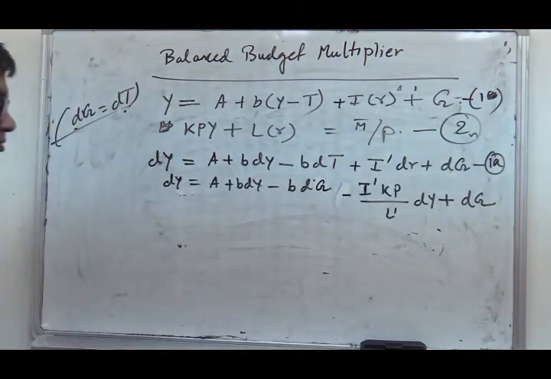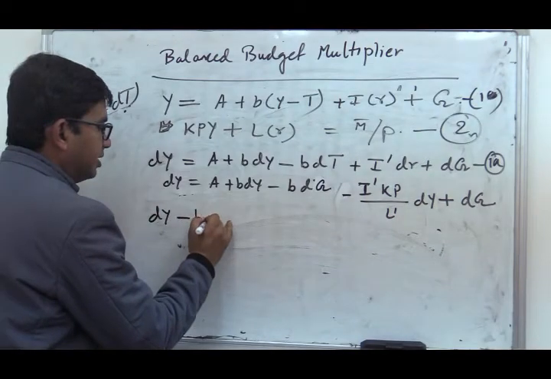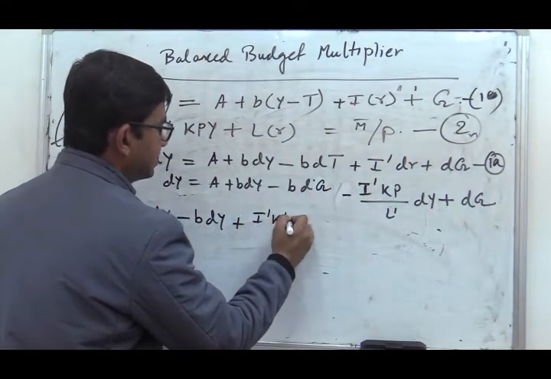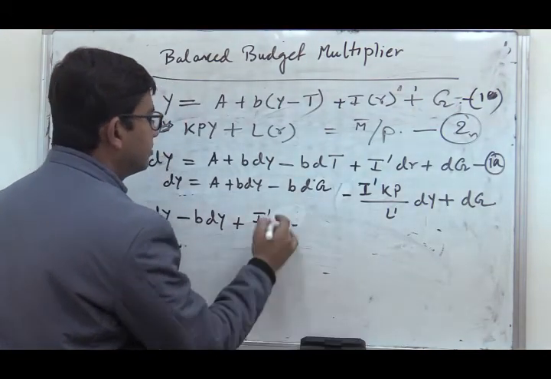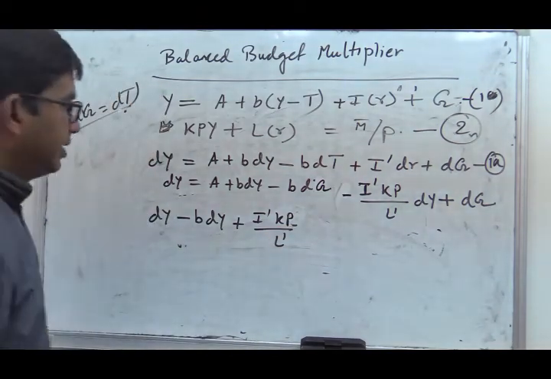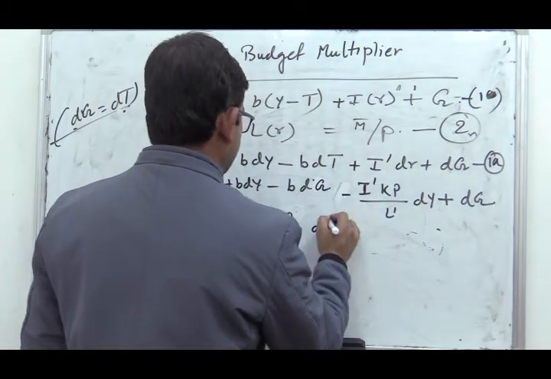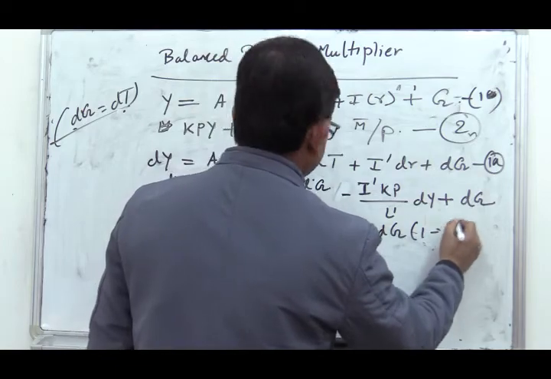So on the left hand side we have dY minus b into dY plus I dash kP by L dash into dY, equals dG into 1 minus b.